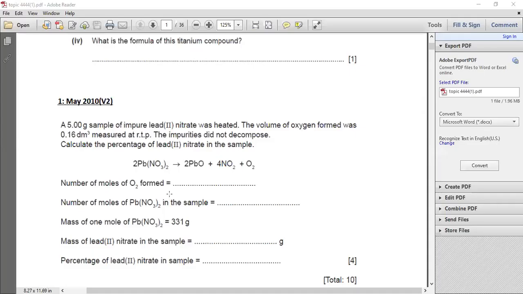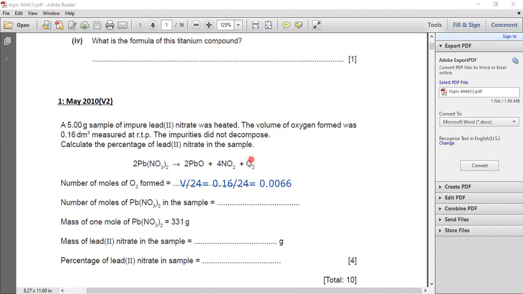So as you said here, I will say mole equals volume divided by 24. Volume is 0.16 divided by 24. So it will be 0.0066. Number two.